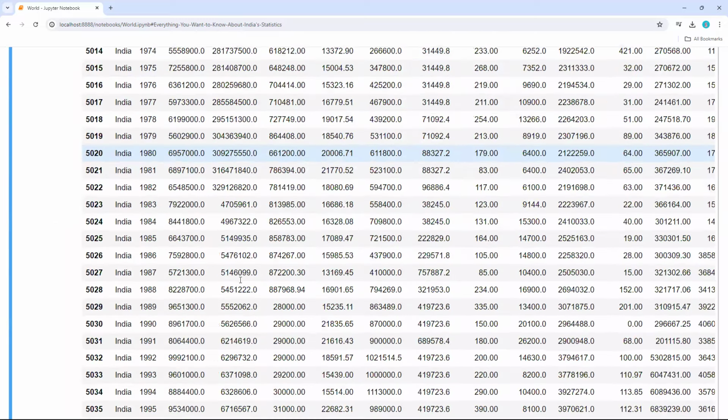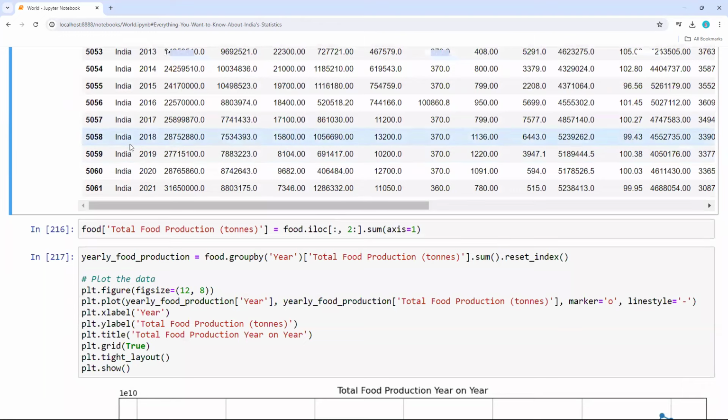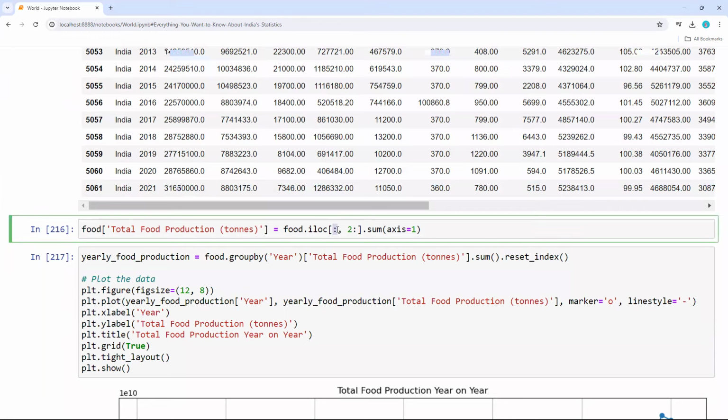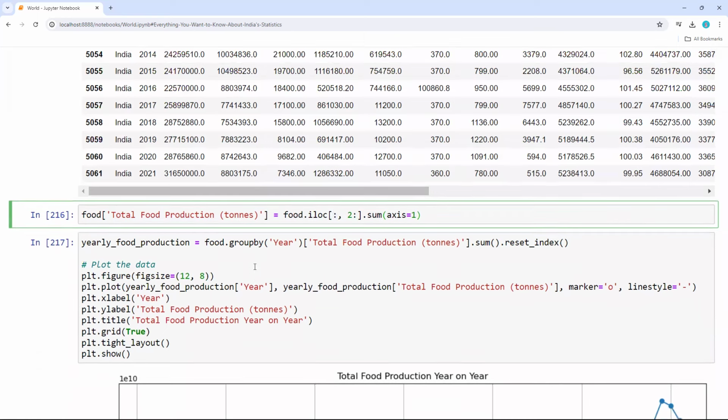I don't want the India and year columns; the food categories start from the second column, so I selected all the rows and the columns from the second column onward. I created a new column called total food production, and I wanted to plot a line chart of year versus total food production in tons.